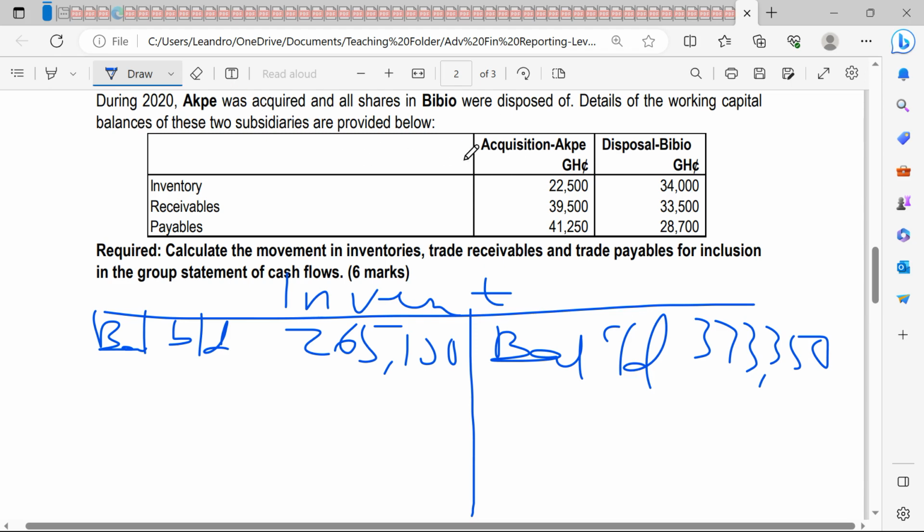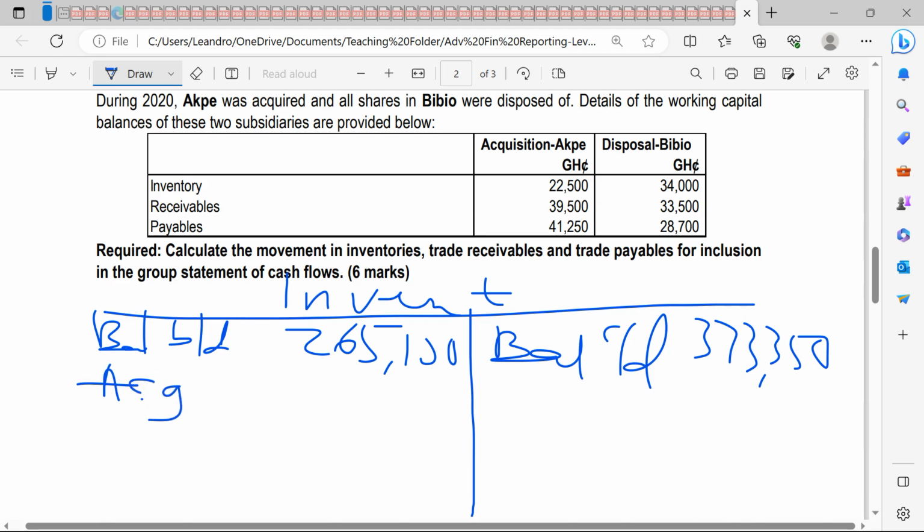In the year they acquired a subsidiary, a subsidiary was acquired and a subsidiary was disposed of. So the acquisition brought in inventory, brought in receivables, brought in payables. And the disposal will take out inventory, receivables, and payables. So your acquisition will be an increase.